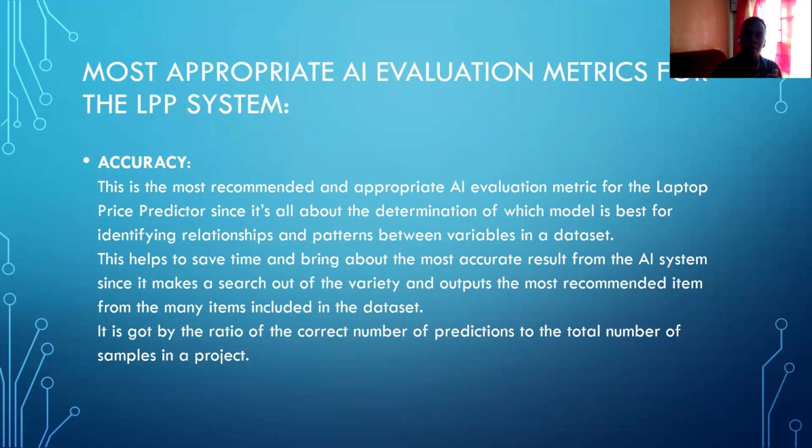As you have seen the formula for accuracy, it's all about positivity, the ratio of the positive results you've got from the AI system you have created. And this helps to save time and bring about the most accurate results from the AI system, since it makes a search out of the variety and outputs the most recommended item from the many items included in the data set. It is got by the ratio, as explained, of correct predictions to the total number of samples in the project.